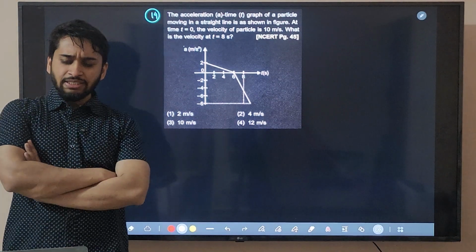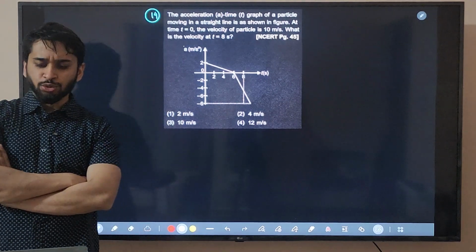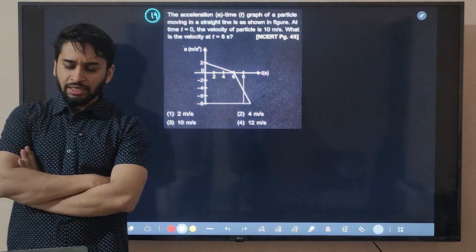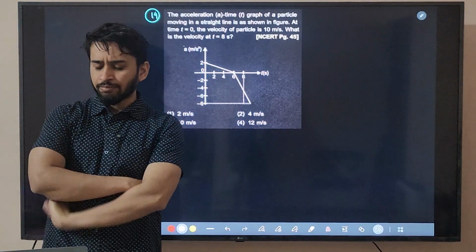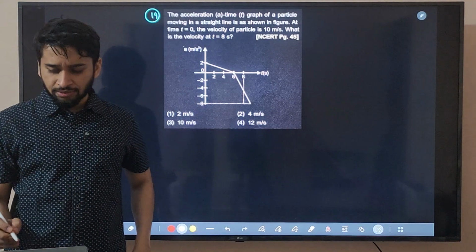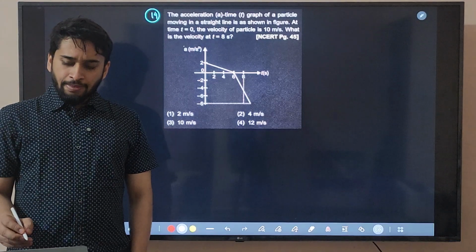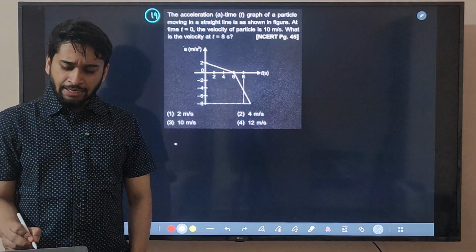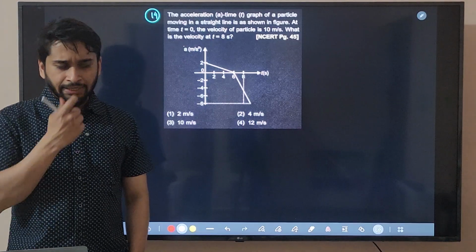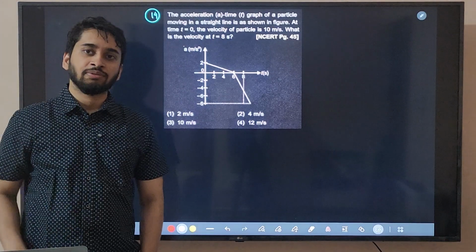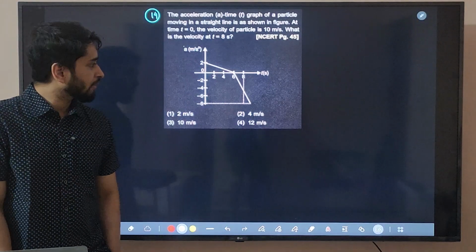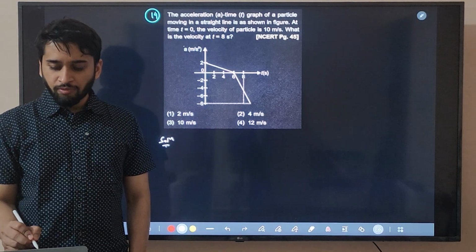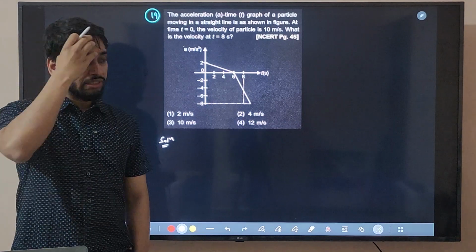Fine, they have given the acceleration time graph of a particle moving in a straight line as shown in the figure. At time t equal to 0, velocity of the particle is 10 meter per second. What is the velocity at t equal to 8 seconds? See here, the idea is very, very simple. The area under the acceleration time graph gives the change in velocity. So we have to find the area till 8 seconds. That's the only thing here.